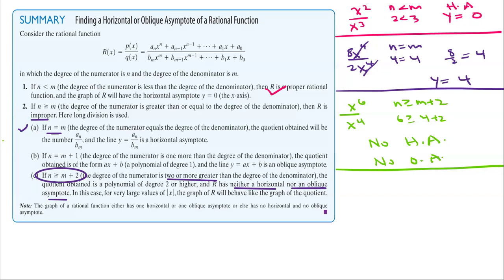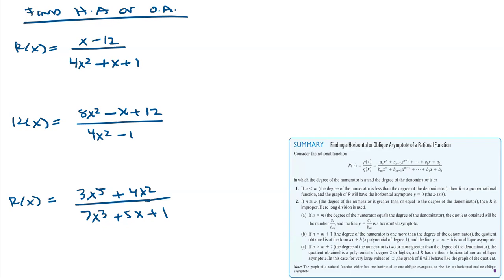Okay. Questions so far? Again, you'll have this chart on your exam, so you don't have to memorize it. What we're doing here is trying to find the horizontal or oblique asymptote.